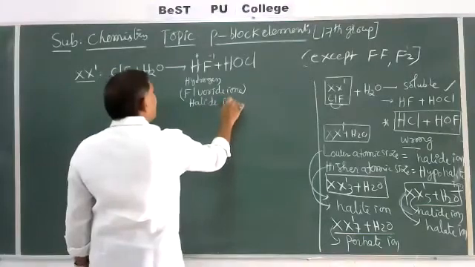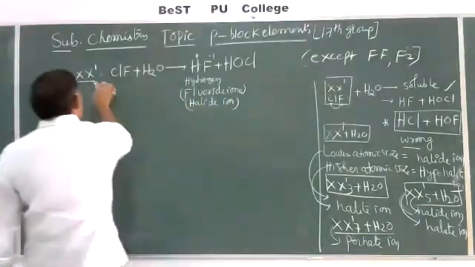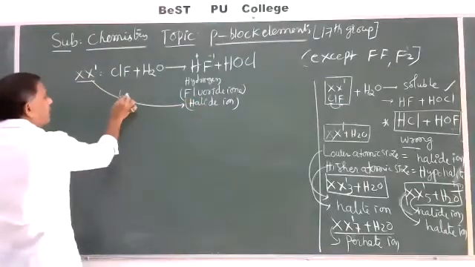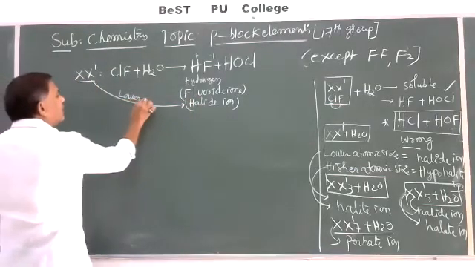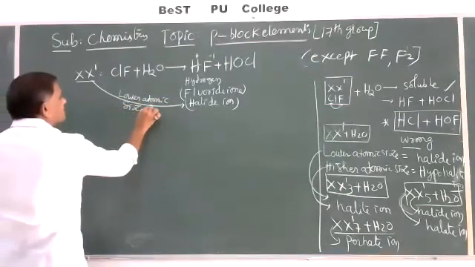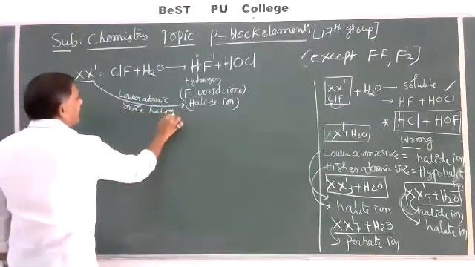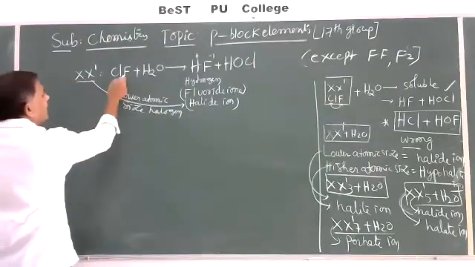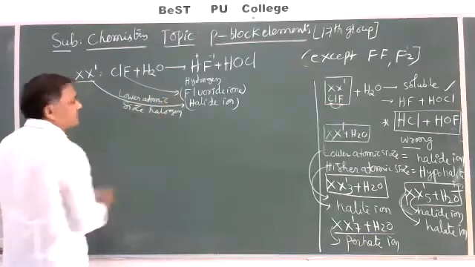This halide ion is obtained from the lower atomic size halogen in X dash. Lower atomic size halogen gives the halide ion, like here it is a fluoride ion.